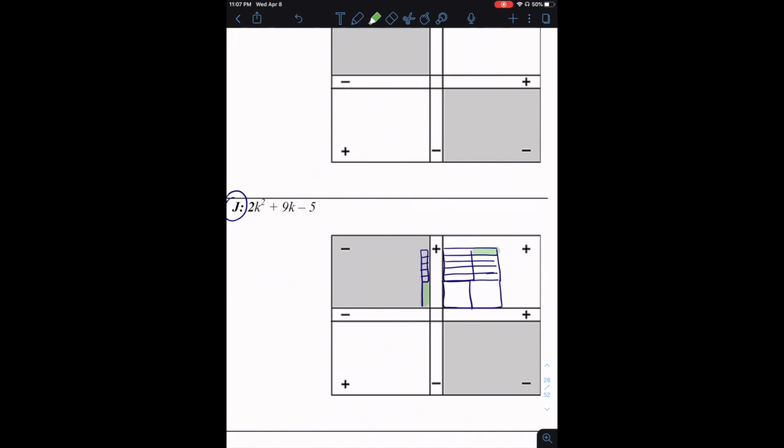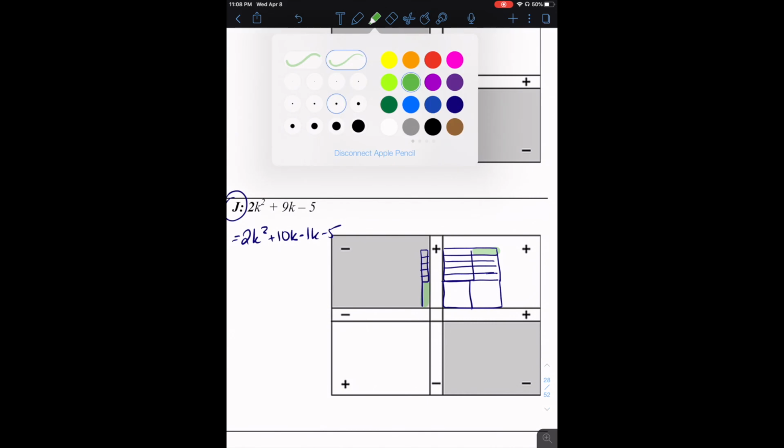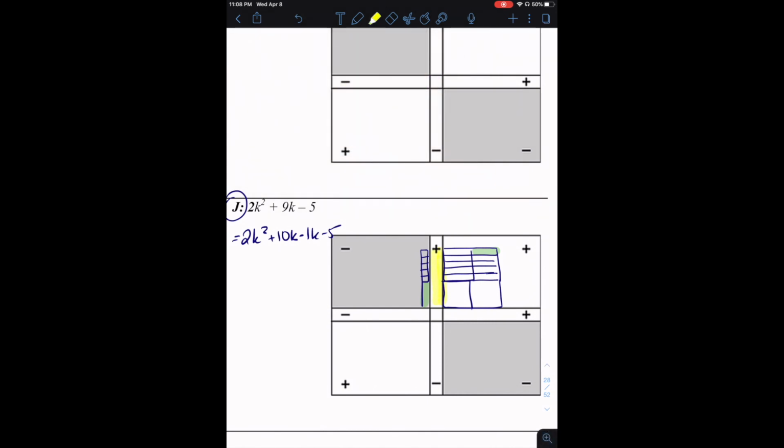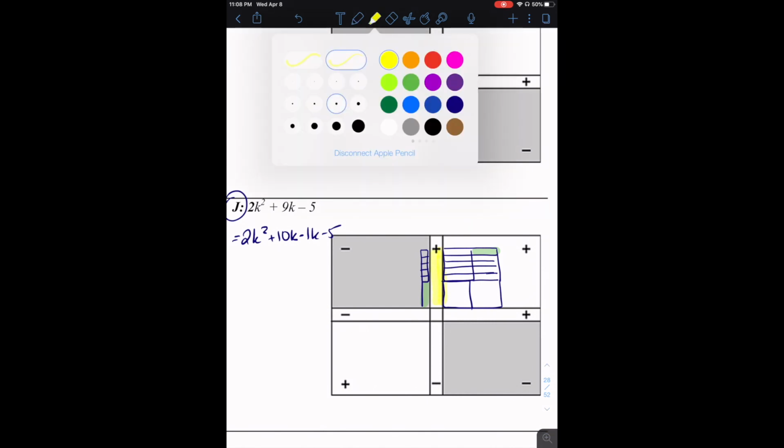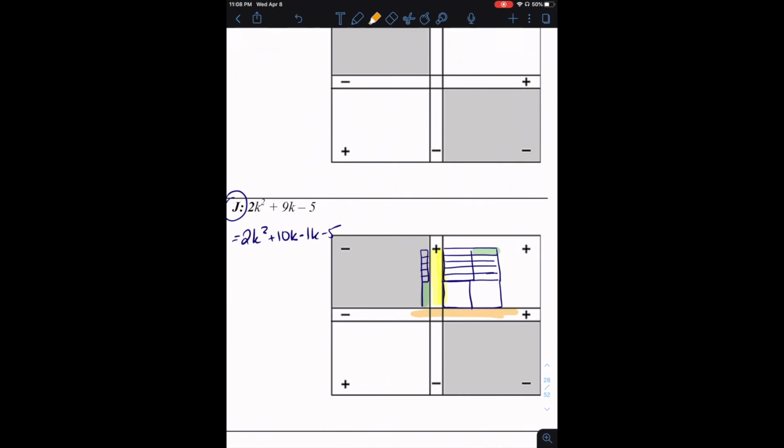That would be the 9k and then the zero pair. So the way that we actually ended up making this is plus 10k minus 1k minus 5. And if we want to now look at the factors, the dimensions of this, we could read off that that's k plus 5 and 2k minus 1.